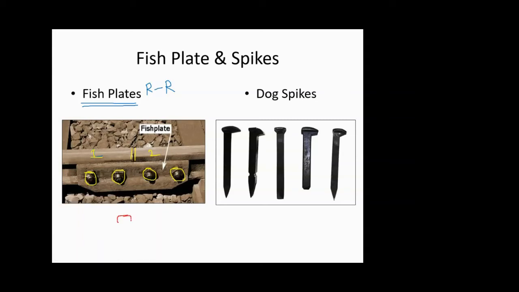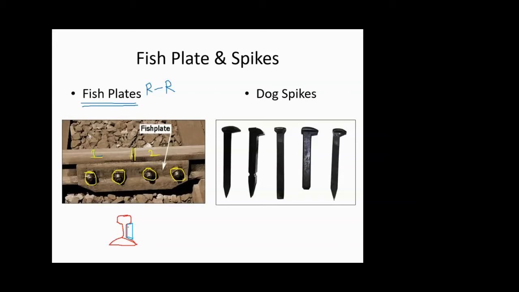Tentatively, if this is the type of flat footed rail, whatever is the shape of this part, the web part, typically your fish plate is also of this same shape, so that it maintains the stability of the system.